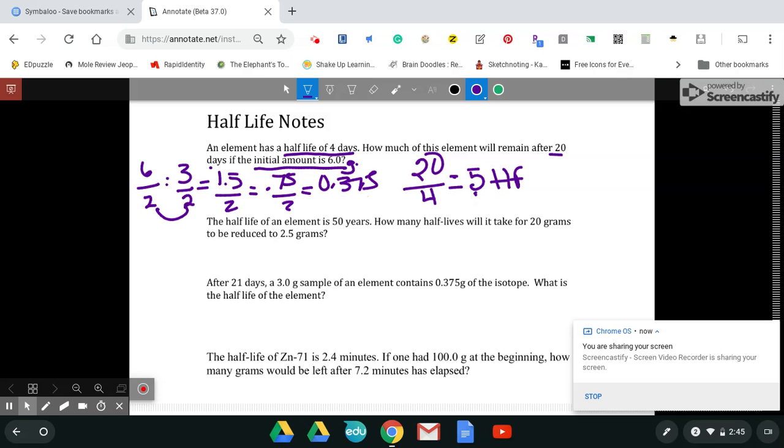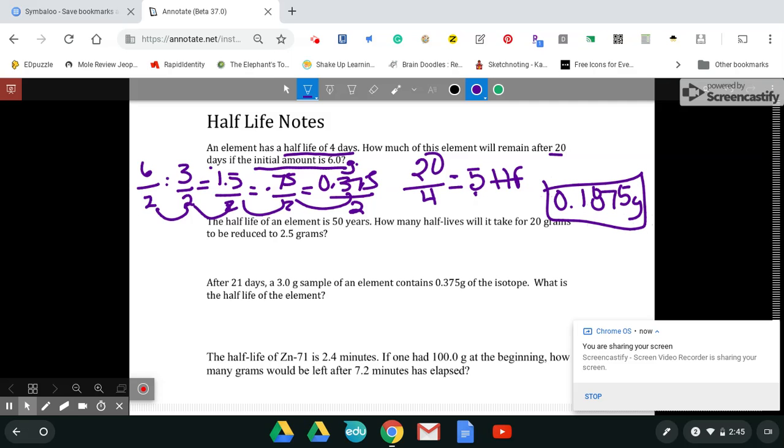So 1, 2, 3, 4. I need to do it one more time. And this is going to give me 0.1875 grams. So at the end of 20 days, that's how much I'm going to have left.